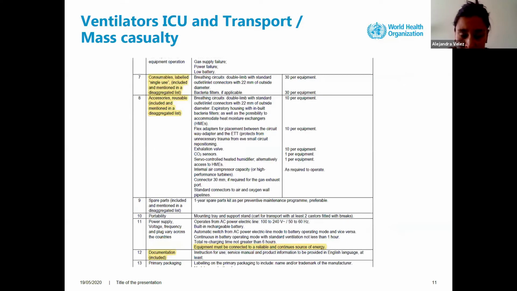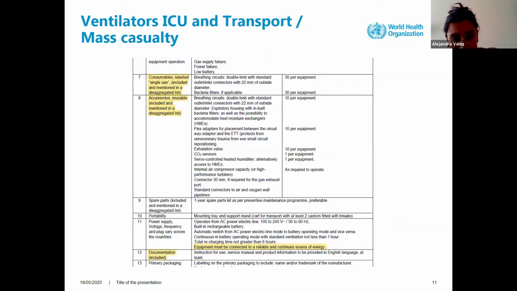And we have a section where we include the approximate quantities of consumables and accessories that need to be delivered in the first procurement. Considering that this procurement process takes time, and given the shortage of supply that is happening globally, and that we won't be able to do the refurbishment soon, we are pushing to have this from the first delivery.